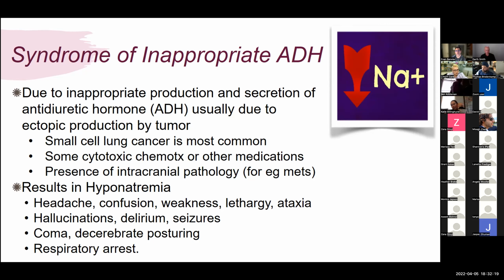But in those patients who present with hyponatremia due to SIADH, it's due to this inappropriate production of antidiuretic hormone, usually due to the ectopic production by the tumor itself. So small cell lung cancer is the most common malignancy that will present with an SIADH. I have many patients in my lung practice where their presenting symptom was confusion.